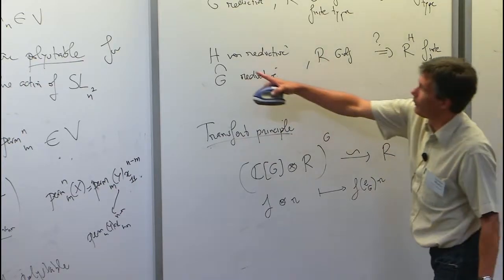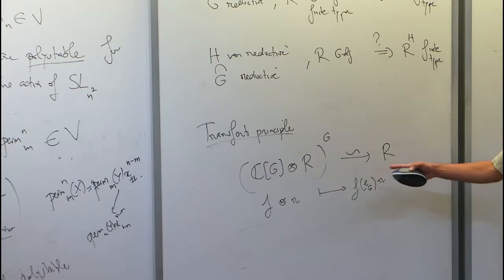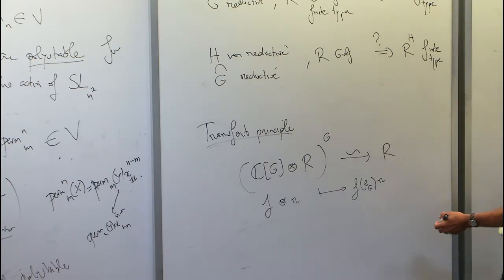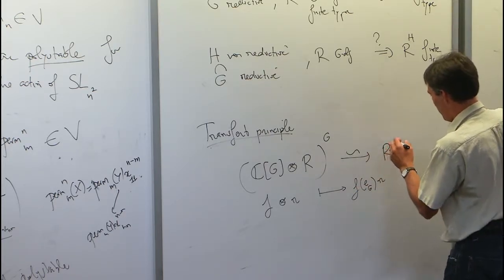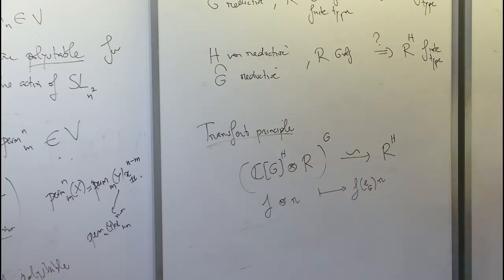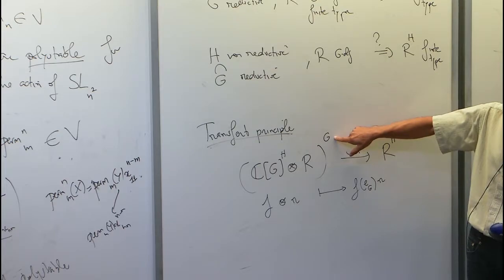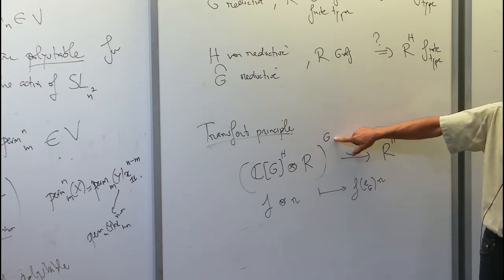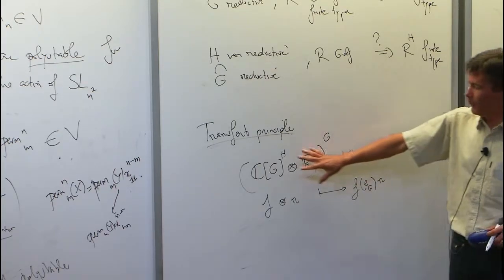And when I have a subgroup H of G, there is a direct extension of this statement, which is that you can put H-invariants on both sides. This is nice because you replace the problem of taking H-invariants by the problem of taking G-invariants, for something which is bigger.